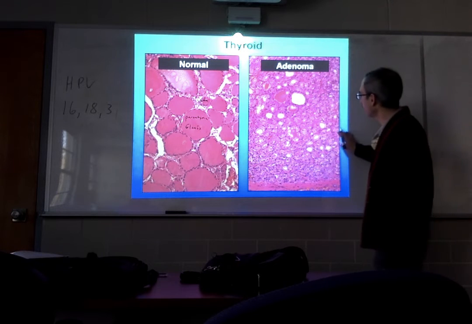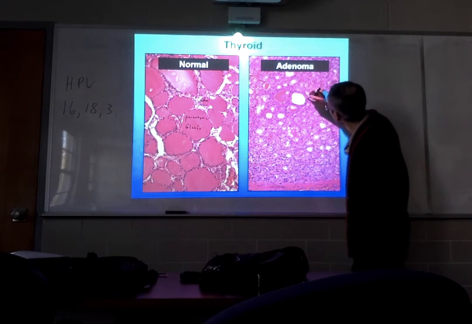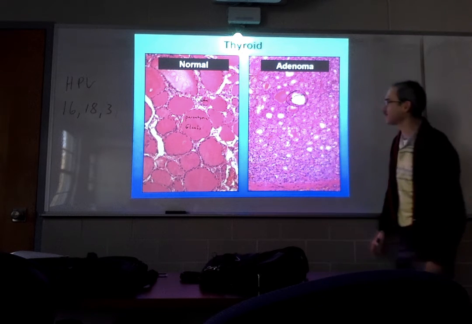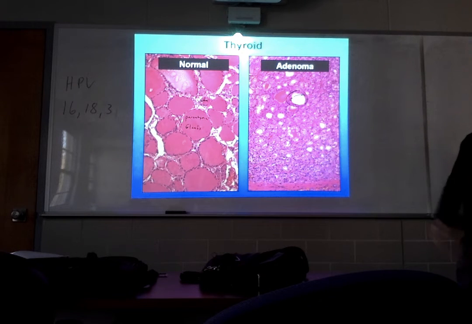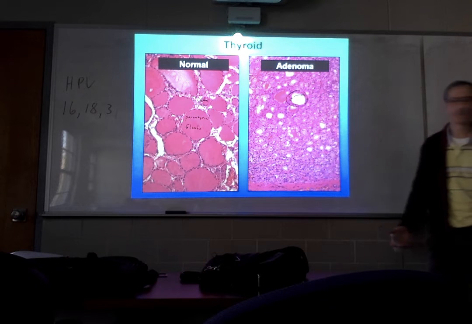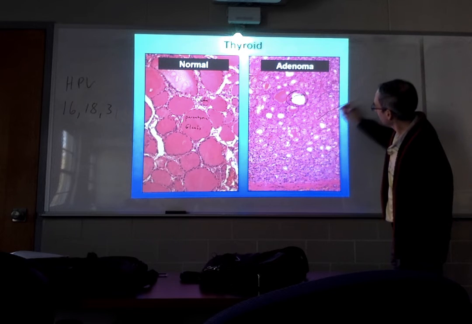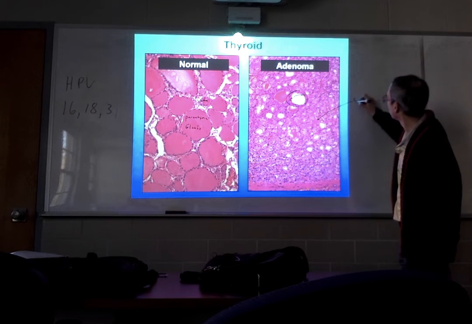What's the neoplastic component? Well, these glands are the neoplastic component. This is the parenchyma, consisting of neoplastic glands. Look at the stroma. Where's the stroma? There's not much of it. You have to look real close. Well, here's a little bit of stroma.